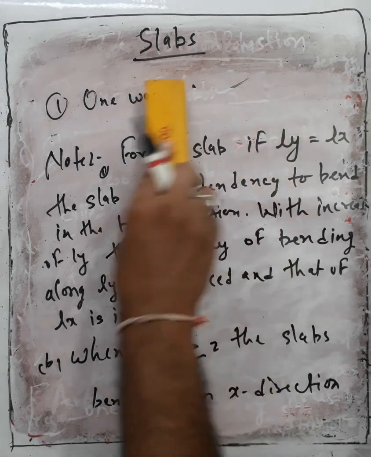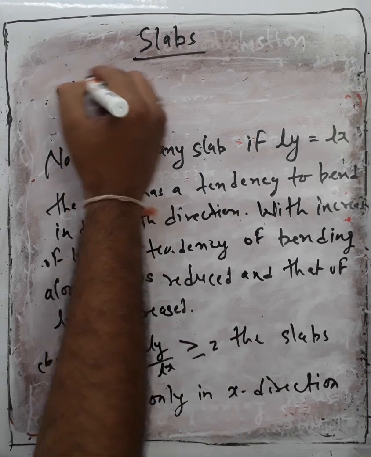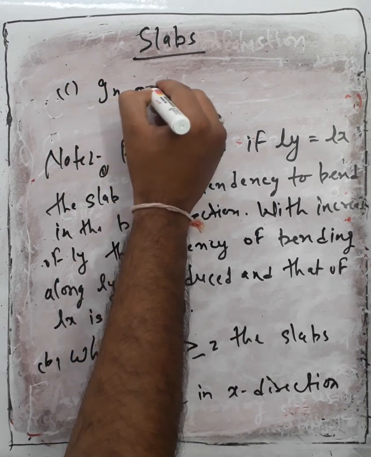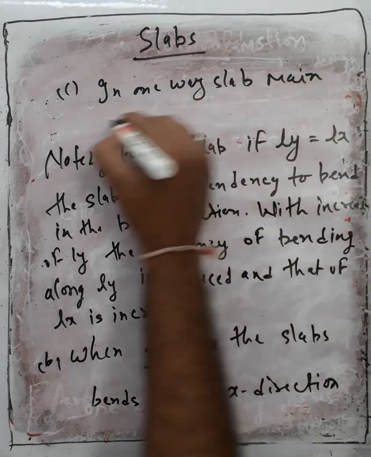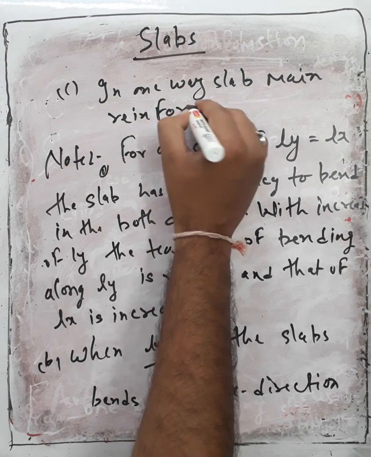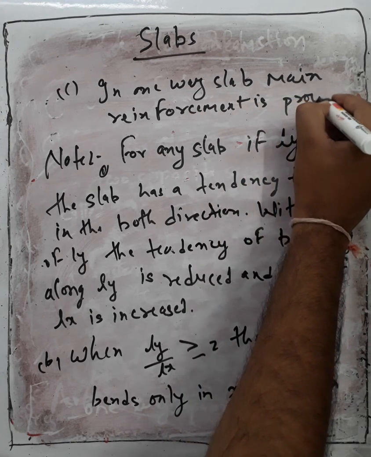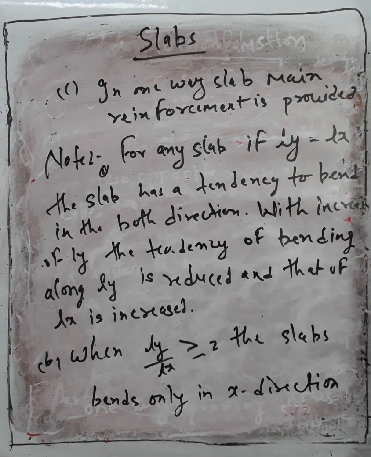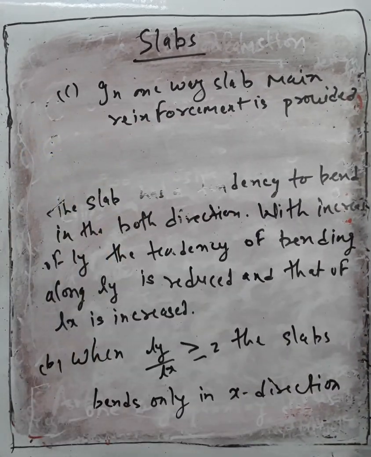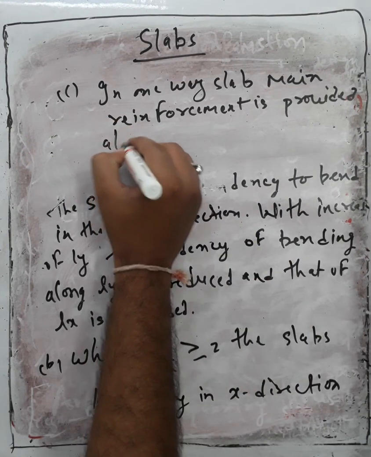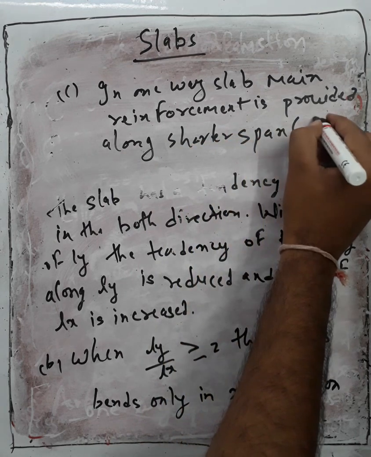Okay, and the third point is, in a one way slab the main reinforcement is provided along the shorter span, or Lx.